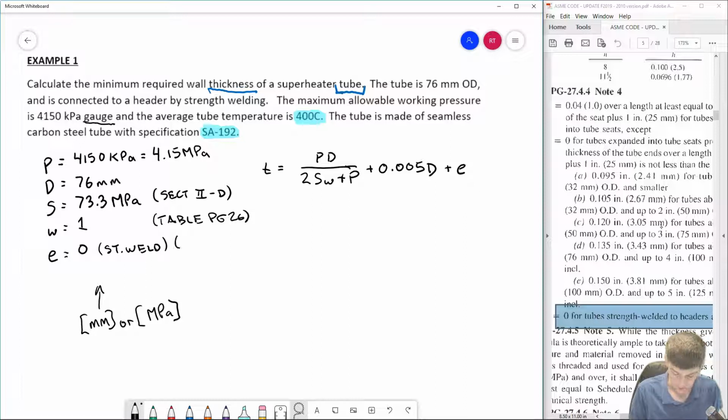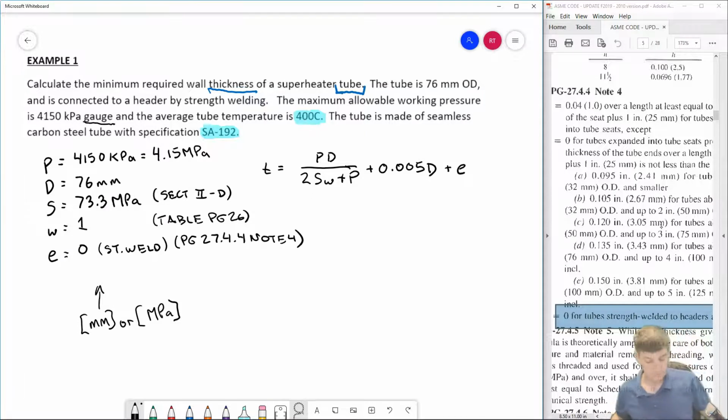And that would be from PG 27.4.4 and note 4. So now that we have all of our data, we can throw that into the equation and solve for our minimum thickness.